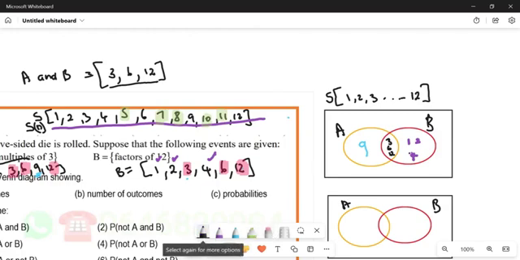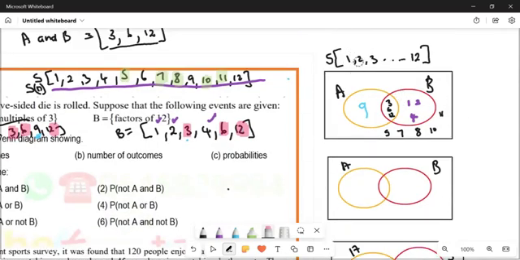Okay, where are we going to put those ones that we haven't used? We're going to put them outside. So I should put 5, 7, 8, 10, and 11. Okay, sharp.